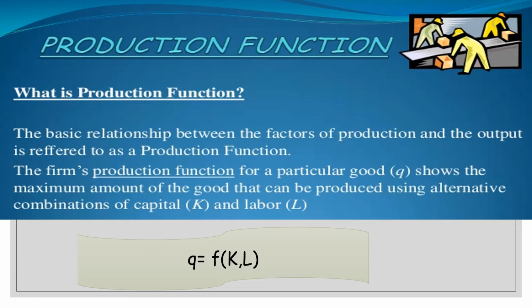These capital and labor are considered as your inputs or the factors of production, and this quantity is considered as your output. So the functional relationship to study how these inputs get transformed to output is known as your production function.